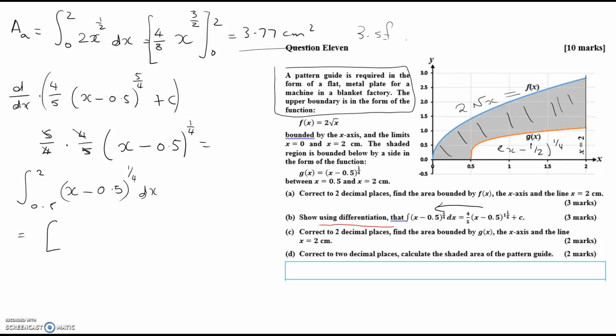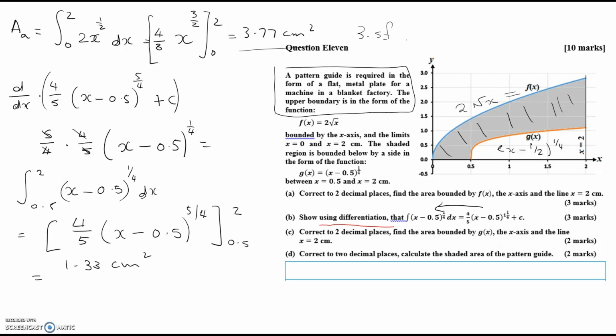That's going to be 4 over 5 (x minus 0.5) to the power of 5 over 4, or 1 1/4. Well, we know that. Between 0.5 and 2. So that's not hard. Do the calculations and we get that that's 1.33. Now we really need to put in the units, centimetres squared.